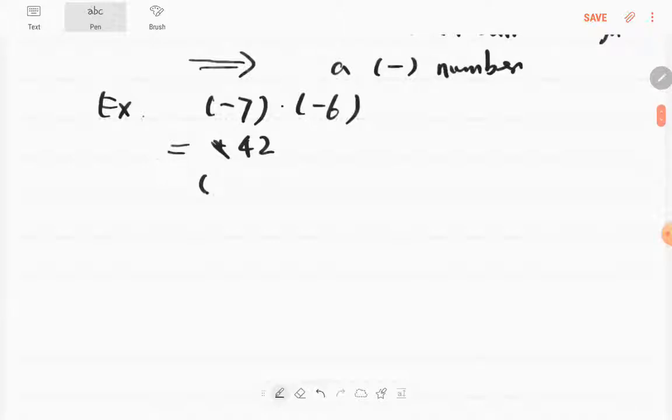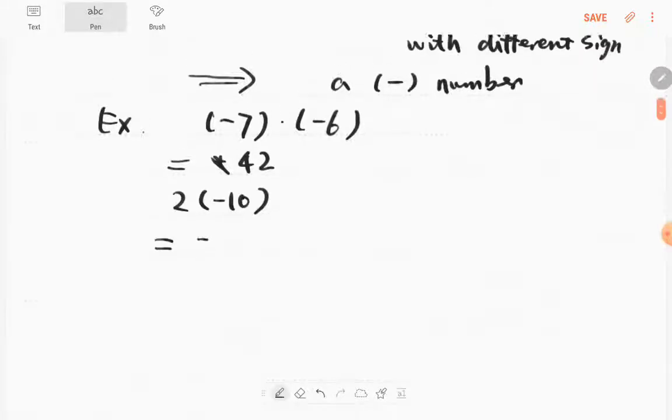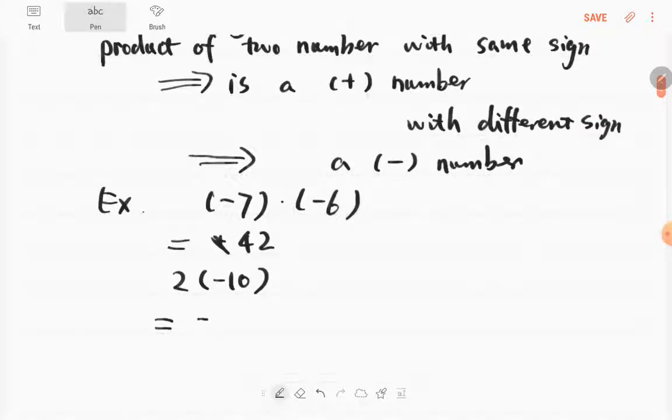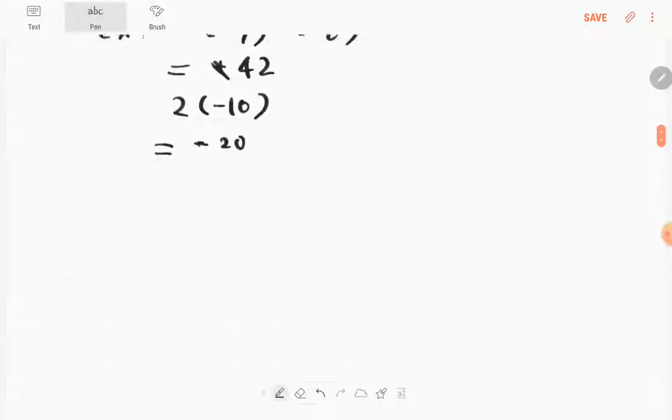Let's check 2 times -10. Let's first determine the sign of our product. Positive, -10, so different sign. So our answer will be a negative number. So 2 times 10 is 20. The answer will be -20.